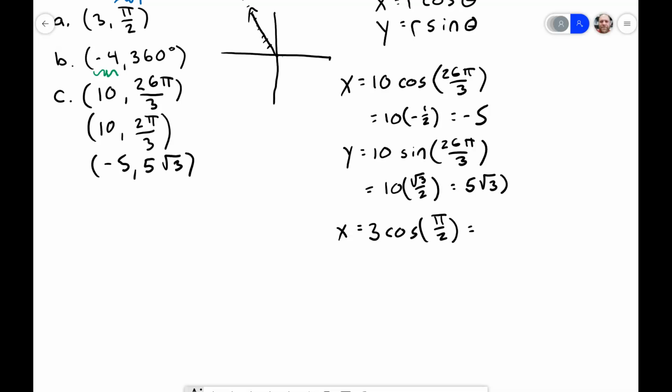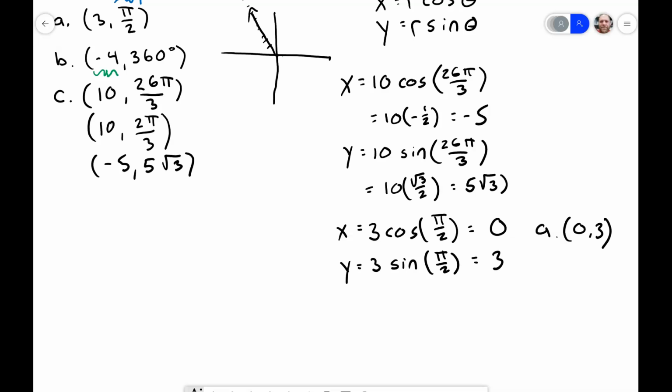So that's going to be 0. And y is equal to 3 times the sine of pi over 2. The sine of pi over 2 is 1. 3 times 1 is 3. So A is going to be 0, 3.